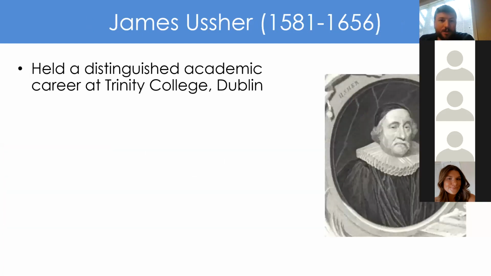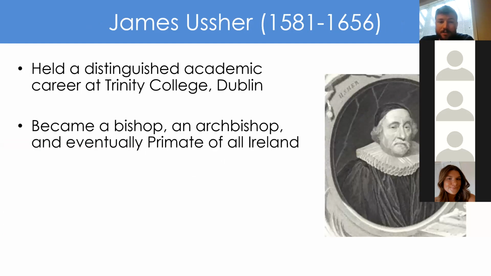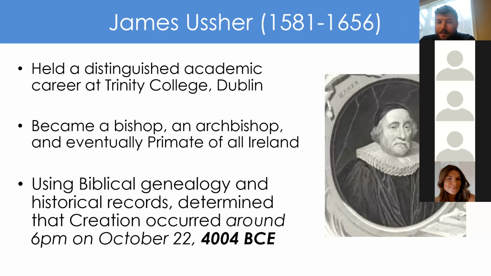So then we get to James Ussher, who was a priest, but he also had an academic career at Trinity College. So he wanted to figure out how old the Earth actually was. Because he was a priest with the Catholic Church, he was very influenced by the Bible.